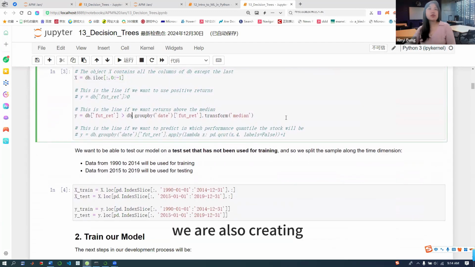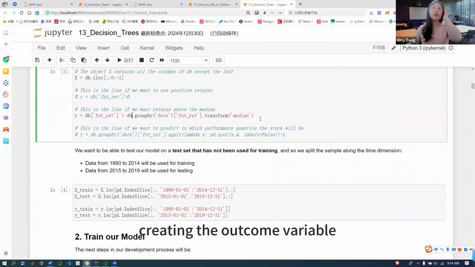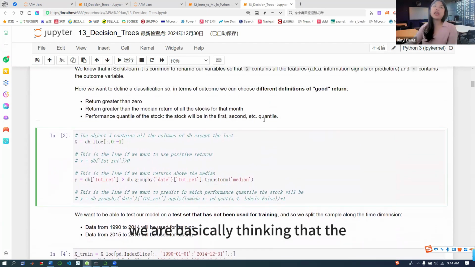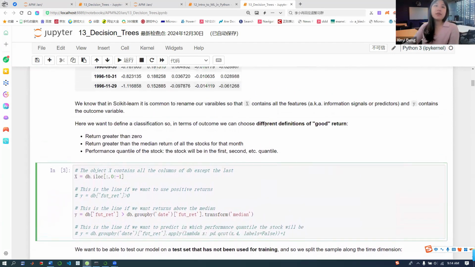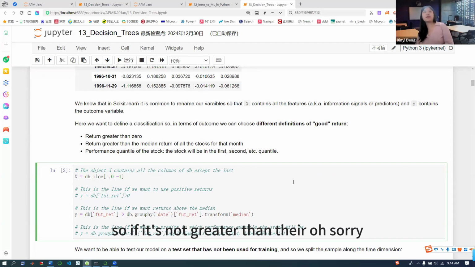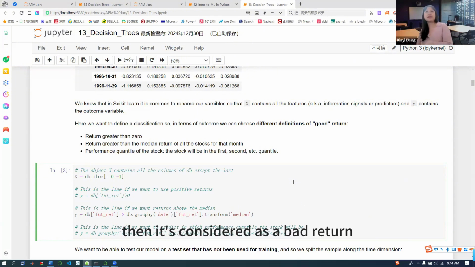Now we are also creating the label, the outcome variable. For the outcome variable, we are basically thinking that a return greater than the median return is a good return. If it's not greater than the median, then it's considered a bad return.